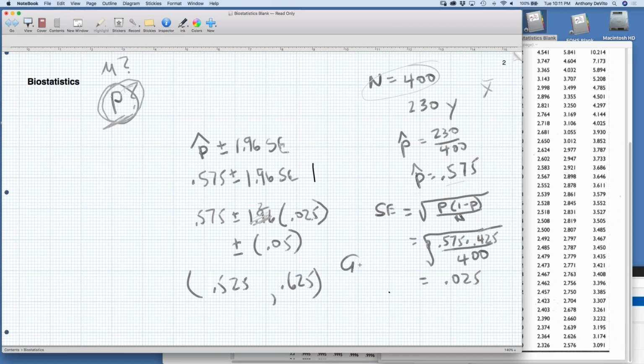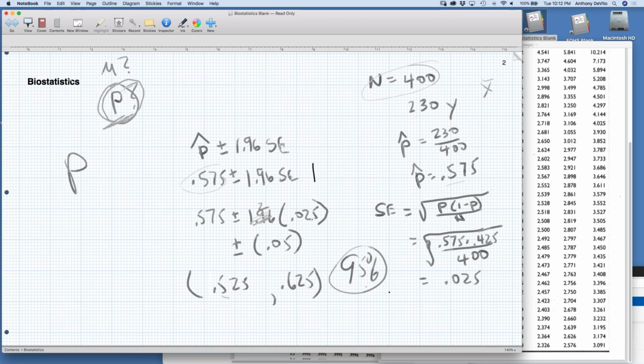So we're 95% sure that our sample came out to give us a proportion of 0.575. Based on that 95% confidence interval, we're 95% certain that the true value of p for everybody, had we sampled the entire population, would be between 52.5% and 62.5%, 0.525 and 0.625.